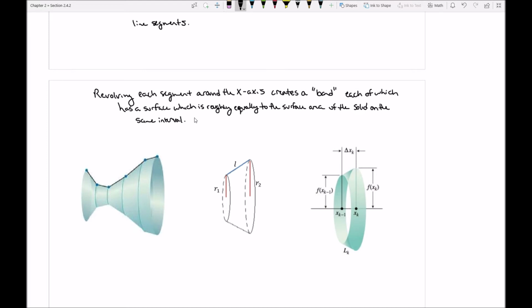So I can see that each one of these again provides me maybe a rough approximation. But how do I find the surface area of one of these bands?